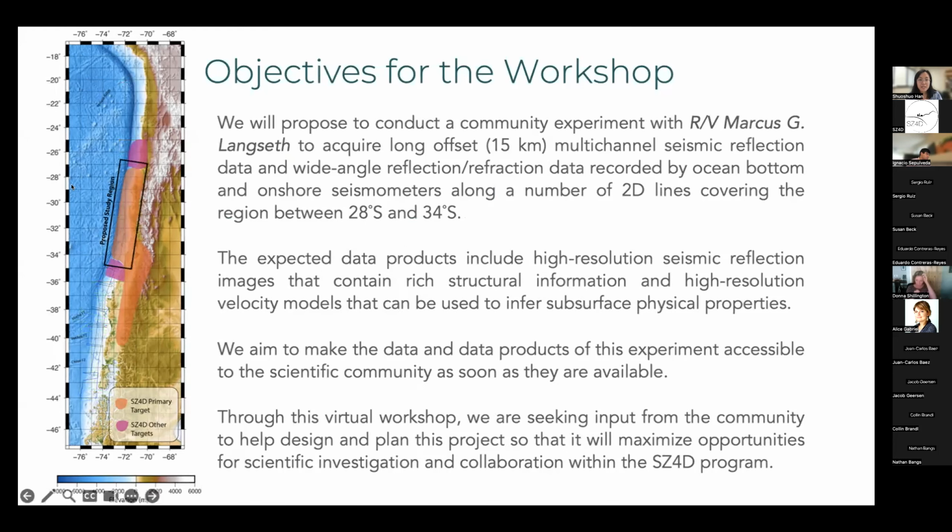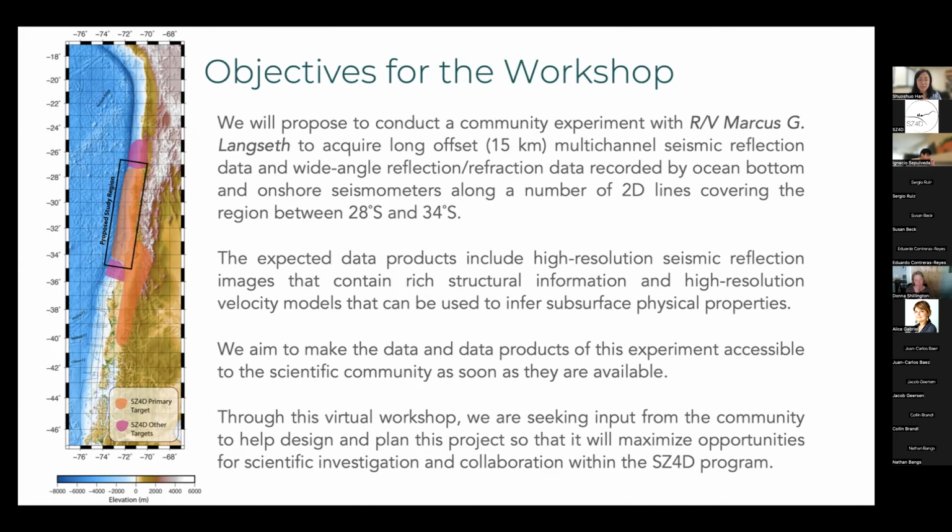We plan to do that along a number of 2D lines covering the region between 28 degrees South and 34 degrees South. Our expected data products include high-resolution seismic reflection images that will give us a lot of information about the structure, and also high-resolution velocity models, which can be used to infer subsurface physical properties.